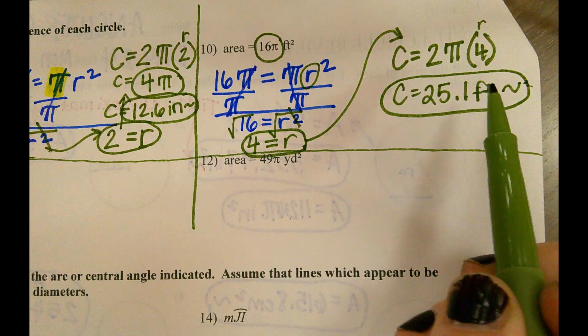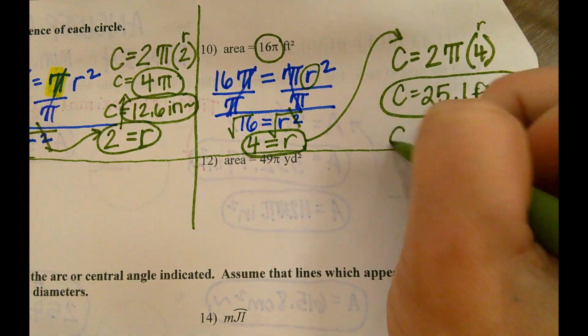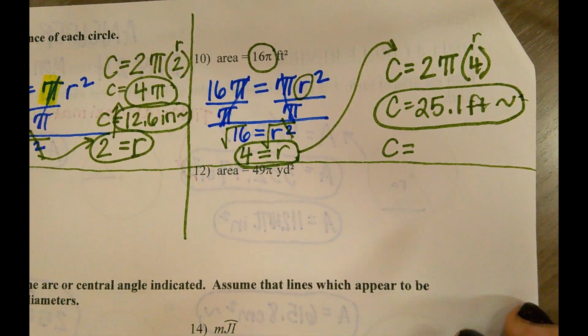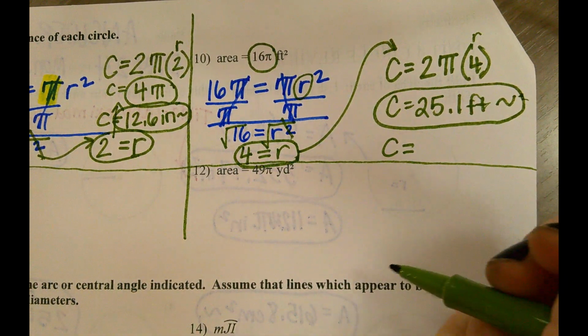And if I wanted an exact answer, what would that exact answer be? Including pi.